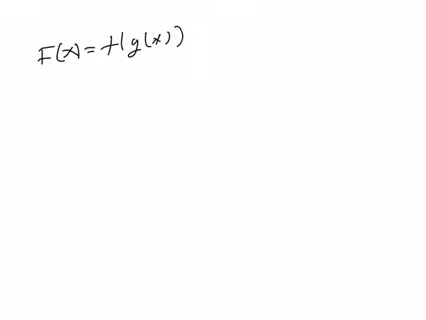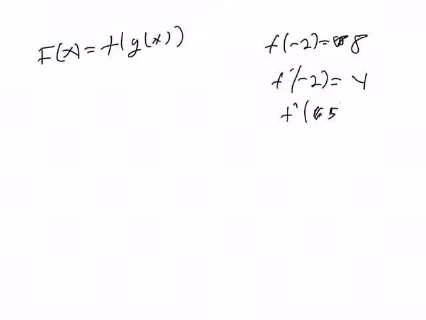And we know that f of negative 2 is equal to 8. F prime of negative 2 is equal to 4. F prime of 5 is equal to 3. G of 5 is equal to negative 2. G prime of 5 is equal to 6. And we're asked to find f prime of 5.